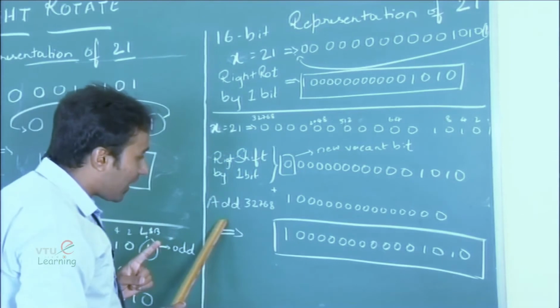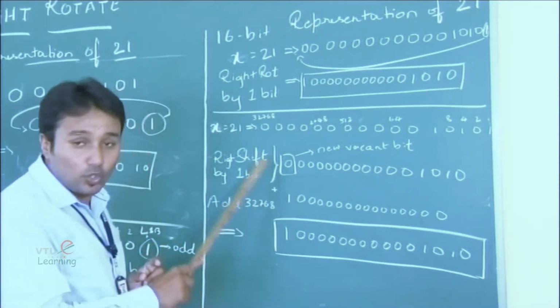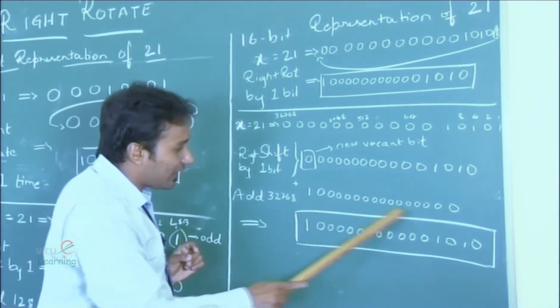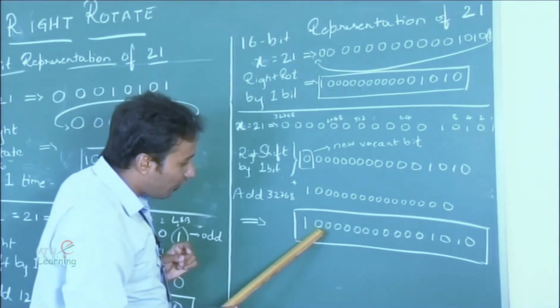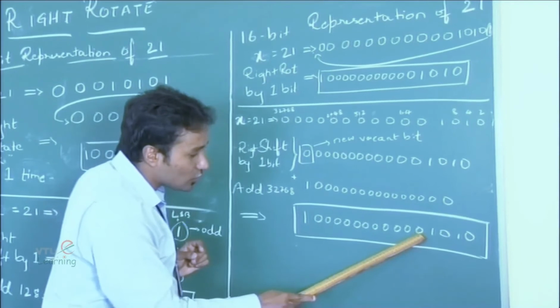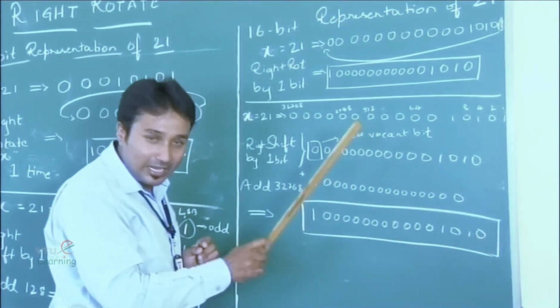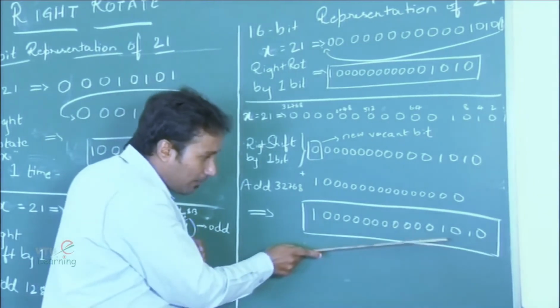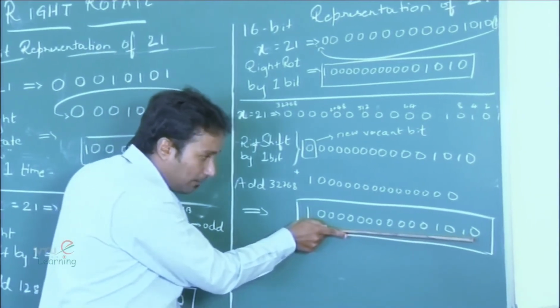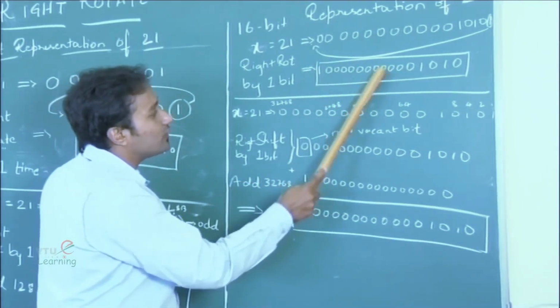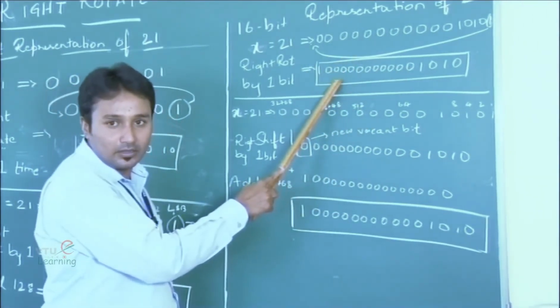After adding the value 32768 to the right shifted number, we get the final answer as 1 followed by 11 zeros 1010. Now we can clearly observe that the programmatically found number is always equal to the theoretical value of the rotated number.